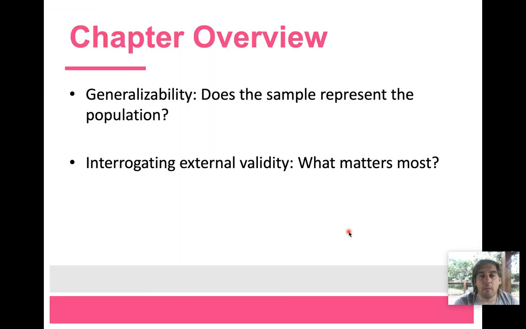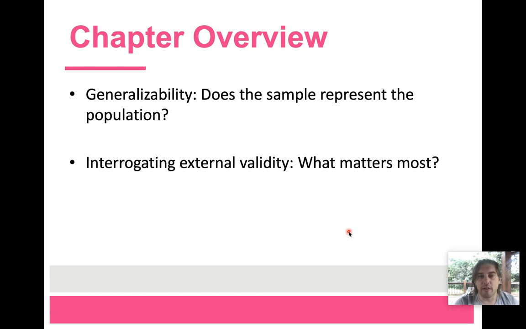So we're going to really be talking about 2 large issues in this chapter. The first is generalizability, which we've mentioned in the past. Basically, is your sample representative of the population? And if so, which population, right? How did you define your population? And is your sample representative of that population?